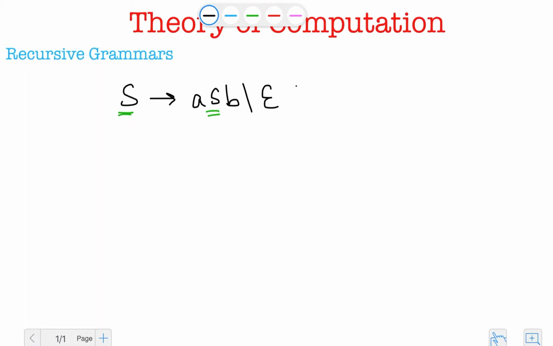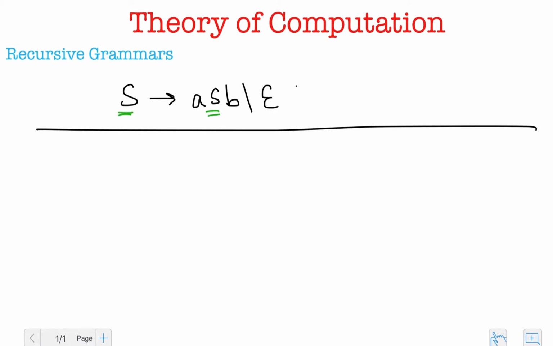And even within recursive grammars, there's something called a left recursive and a right recursive grammar. So let's talk about left recursive first. What a left recursive grammar means is that the leftmost symbol in my RHS is going to be the same symbol that I have on the LHS.